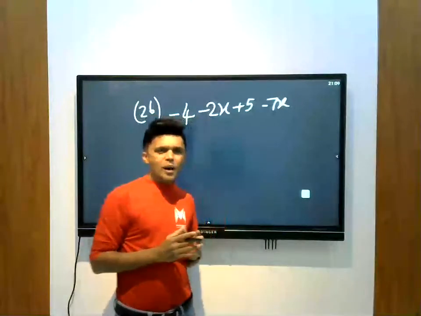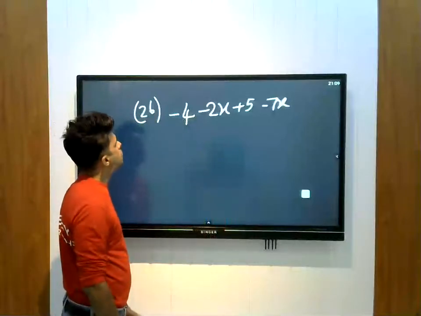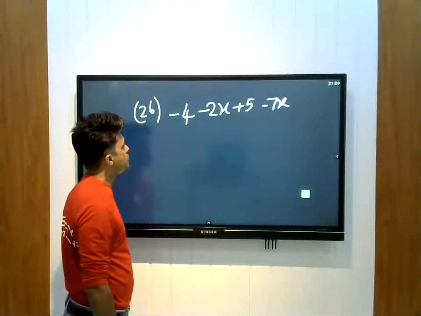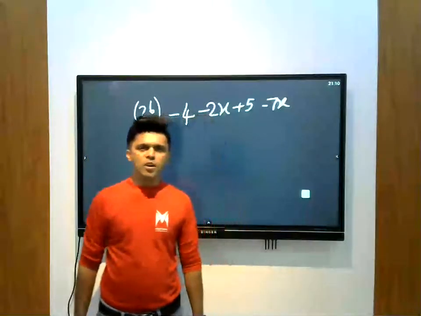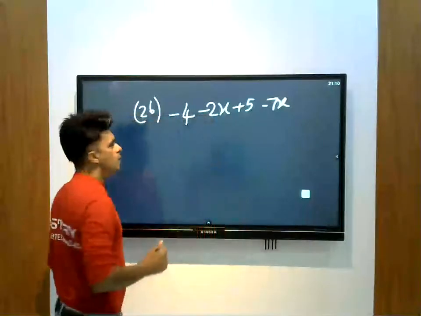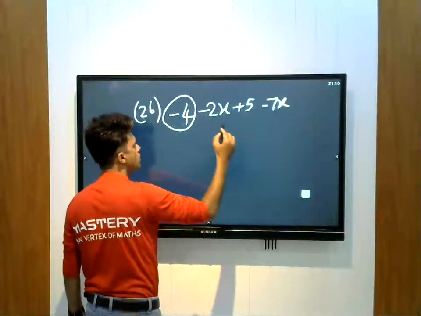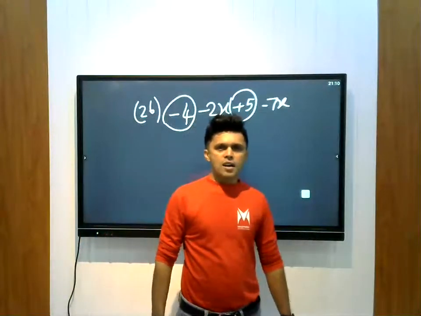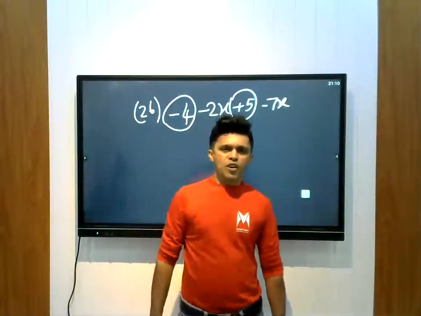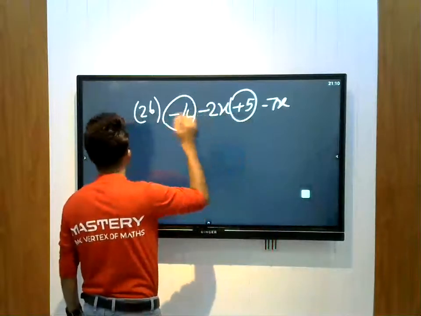Okay. Anyway, how can you do this type of expression? You need to add the like terms: here minus 4, here plus 5. Minus 4 plus 5, you need to simplify these two.